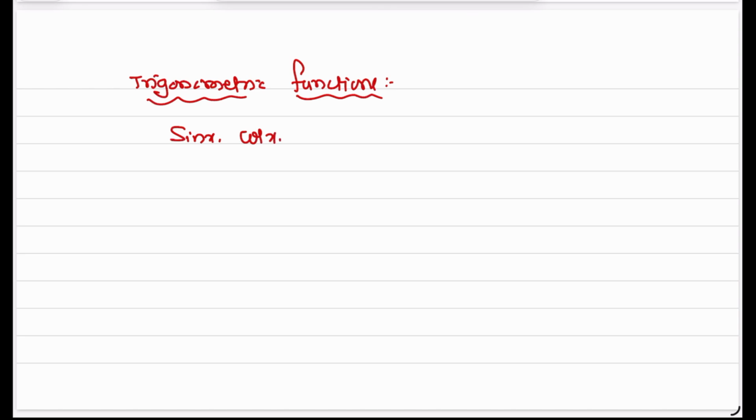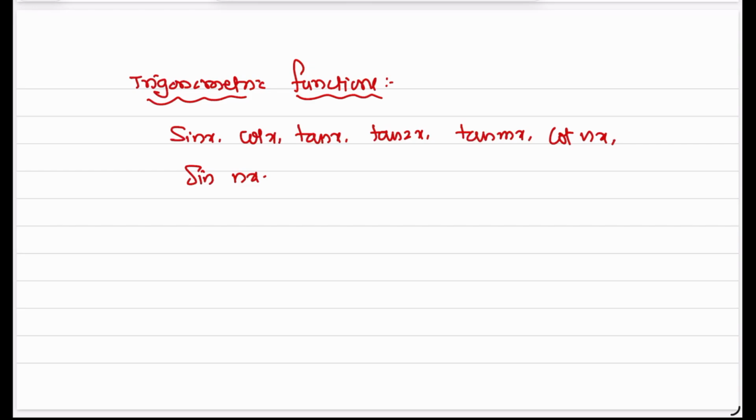Now we will be taking up trigonometric functions also. We will be solving that question which is given in the first slide. sin x, cos x, tan x, tan 2x, tan mx, cot mx, sin nx, all these are trigonometric functions.